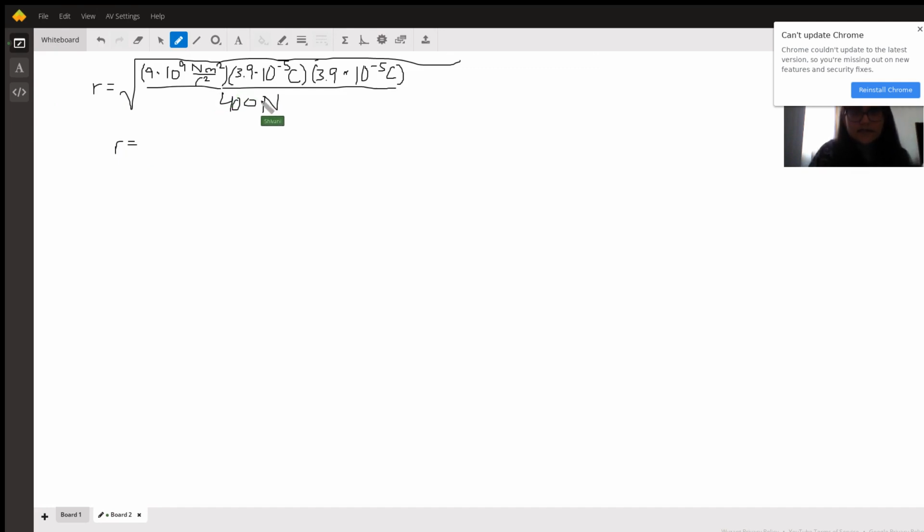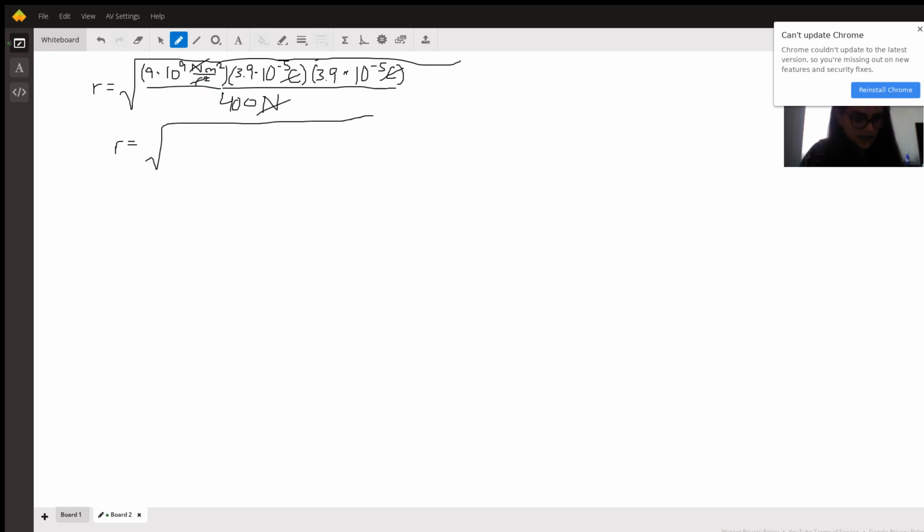Now I always like to make sure the units cancel out. So C squared cancels out with C times C. Newtons and Newton cancel out, so you're only left with the square root of whatever number, meter squared.